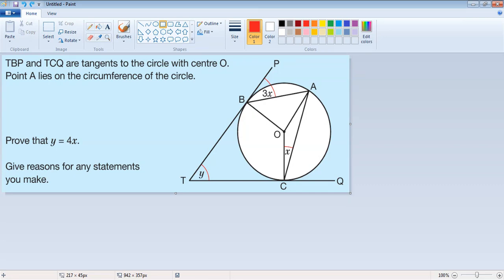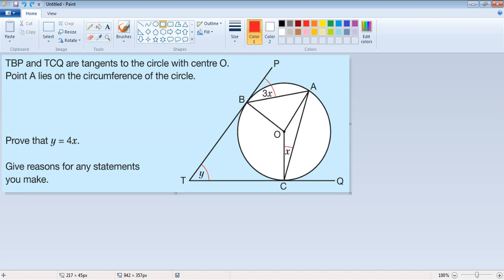Today I'm gonna explain how to solve this challenge. This is at the end of the topic about circle theorems, and I'm gonna solve it with you step by step.